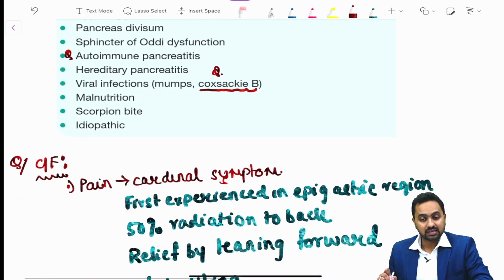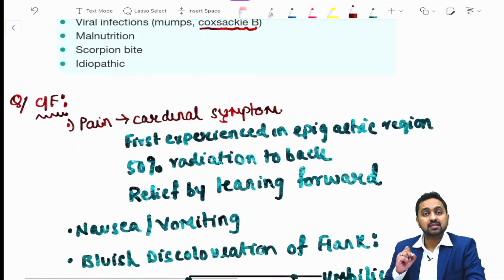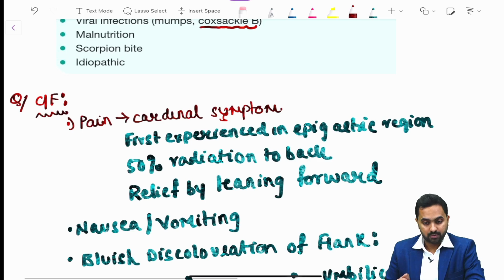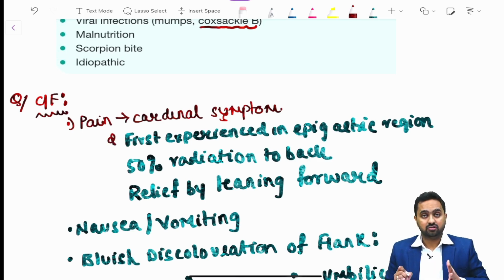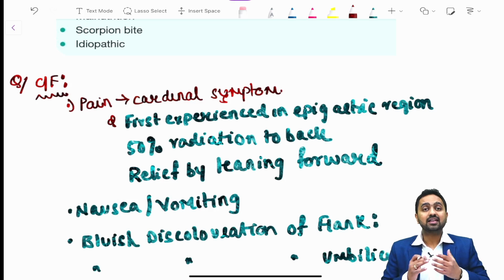Now, regarding the clinical features, pain is the cardinal symptom of acute pancreatitis. It is usually experienced in the epigastric region and in approximately 50% there is radiation to the back, right, and this is classically relieved by stooping forwards.